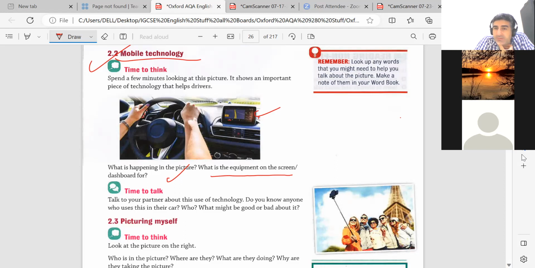Can you drive, Khalid? No. What about your dad? Has your dad used GPS while driving you to school, for example, or anywhere, or traveling?